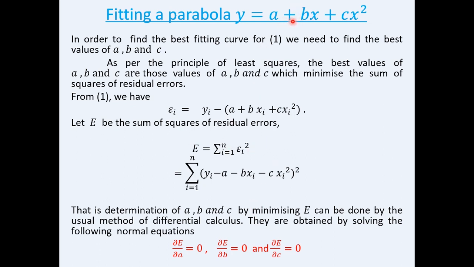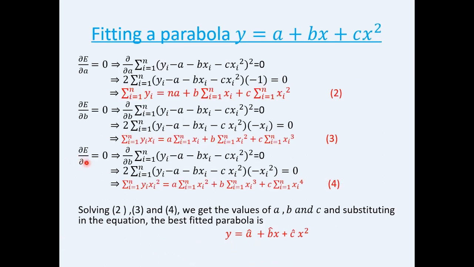For our equation, we have three unknown parameters a, b and c. Therefore, we have three normal equations. Partial E by partial a, the partial derivative of E with respect to the parameter a, is equal to 0 implies summation yi is equal to na plus b into summation xi plus c into summation xi square, equation 2.